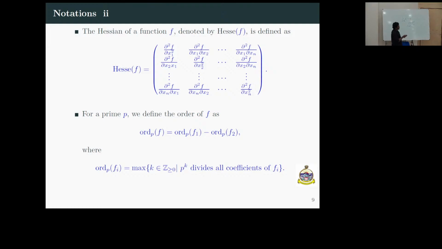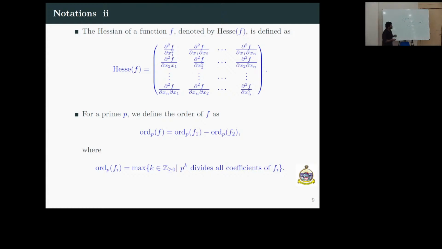And the order of fi is defined as the maximum of all those k's such that, for a polynomial like, for example, 2x square plus 4x plus 8, what is the maximum order over all the coefficients? That is 2, right? The order with respect to the prime 2 is 1 here. Like that, we take the maximum of all those k's such that p power k divides all the coefficients of fi. Fine, clear, right?